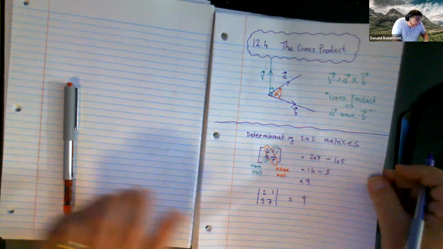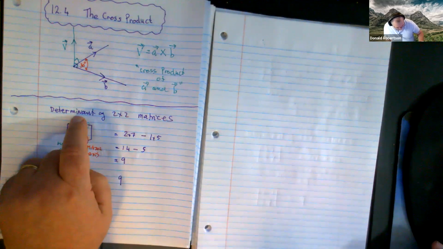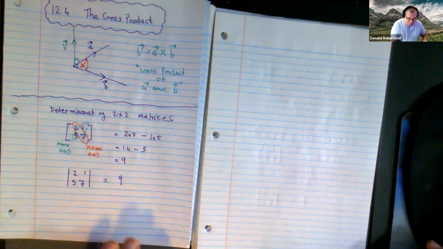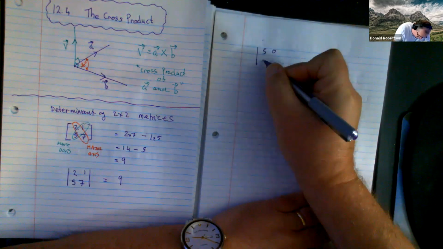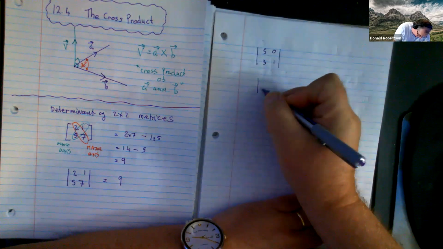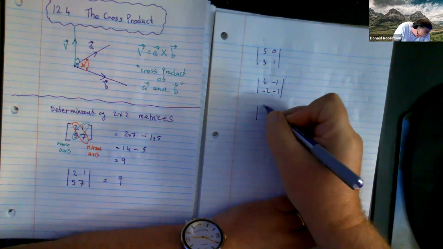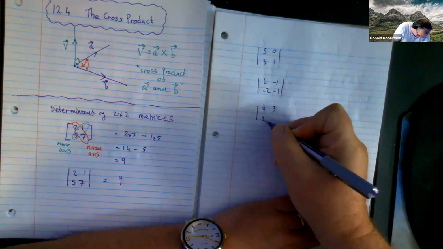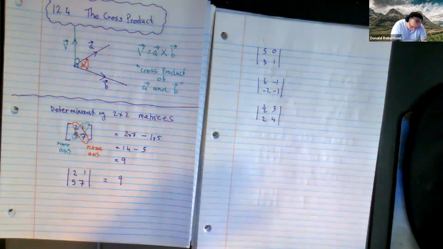Right. So let's do some practice and get determinants of 2 by 2 matrices. So 5, 0, 3, 1, 6, -1, -2, -1, and 1/2, 3, 2, 4. Right. Just randomly pick some examples.